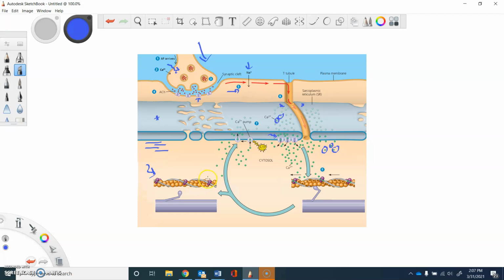They're blocked by this tropomyosin here. So the calcium is going to come and bind to troponin. And troponin is going to move that tropomyosin out of the way, and it's going to expose those actin binding sites. When that happens, then myosin is going to come up and bind, and it's going to provide its power stroke.